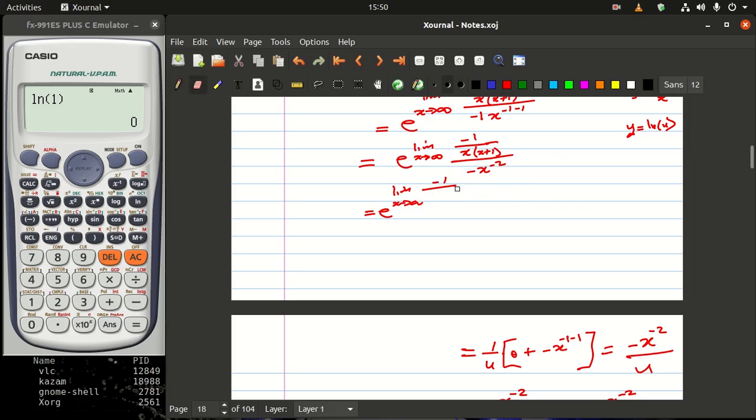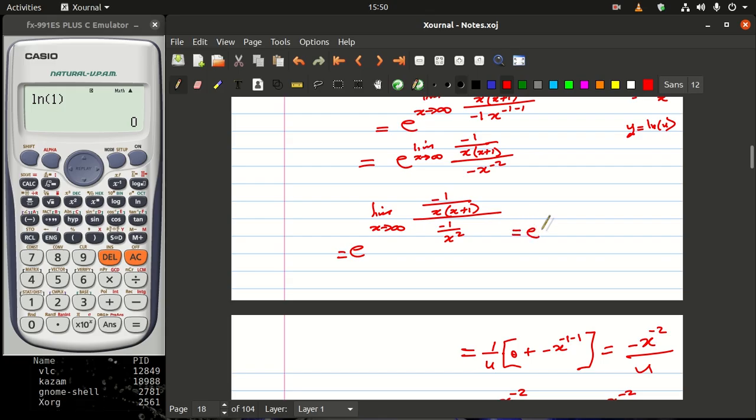This is not looking cleaner at all, so e raised to the limit as x approaches infinity of minus 1 divided by x times x plus 1, and then I'm dividing this whole thing by minus 1 over x squared, because if I have a minus in the exponent, it means it needs to go to the denominator.